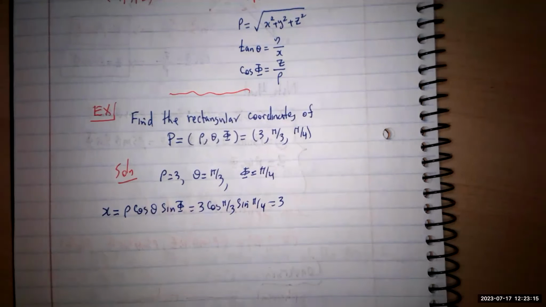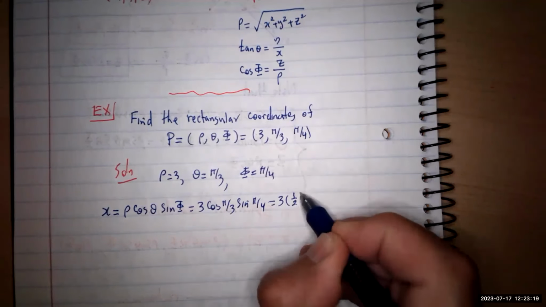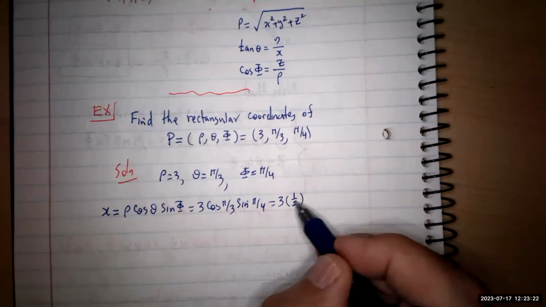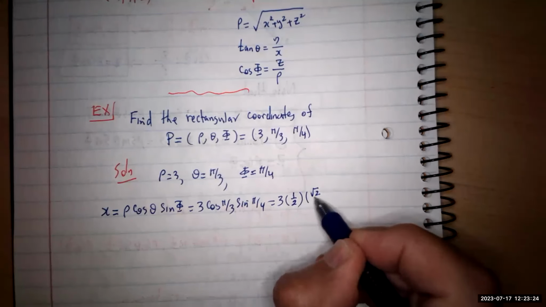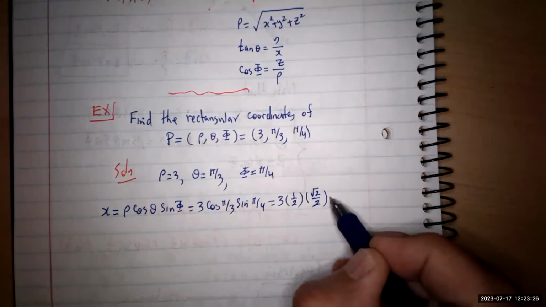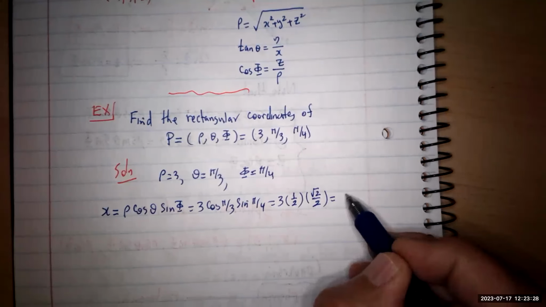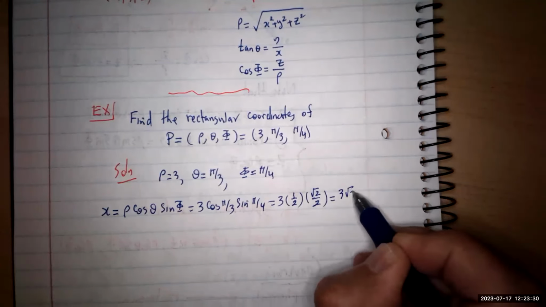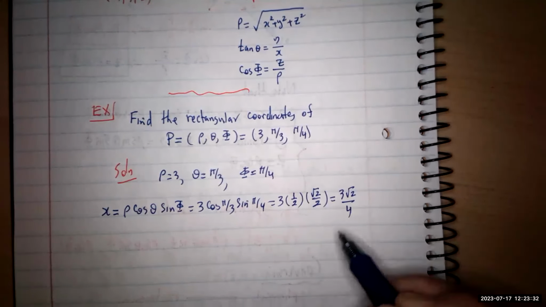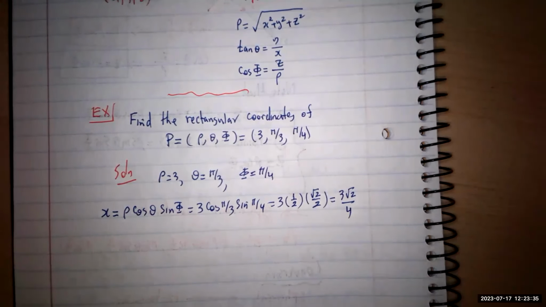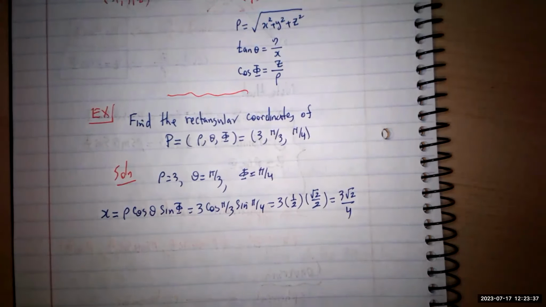Cosine of pi/3 is 1/2, so that's going to be 3 times 1/2. And the sine of 45 is radical 2 over 2. So we simplify together, that gives you 3 radical 2 over 4. So that would be your x.